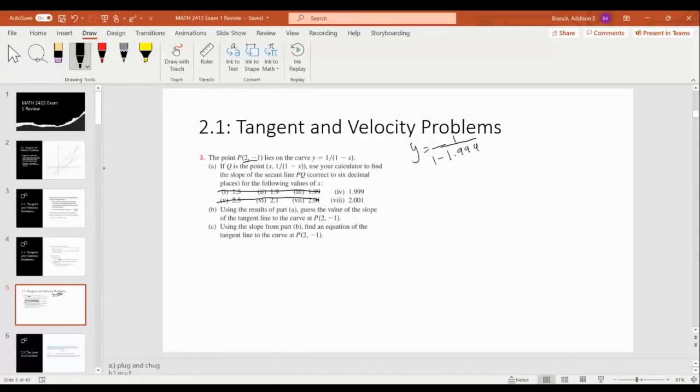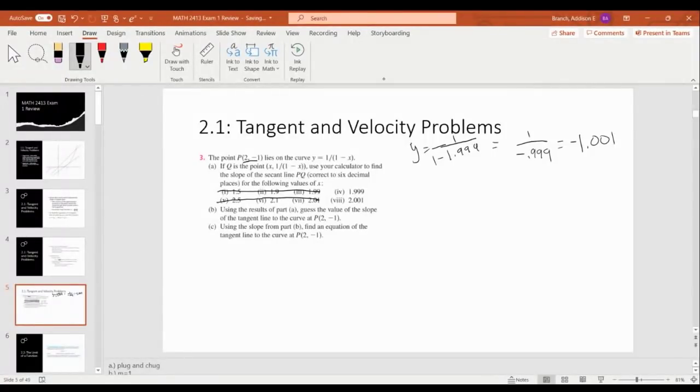That is going to get us 1 over negative 0.999, which is going to be approximately -1.001. Let's just do 3 decimal places for this example.